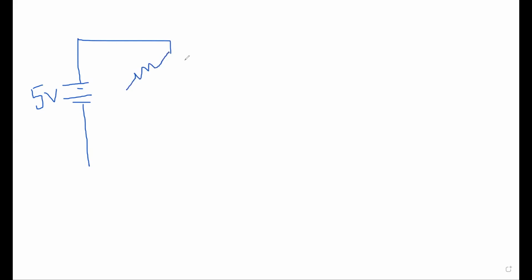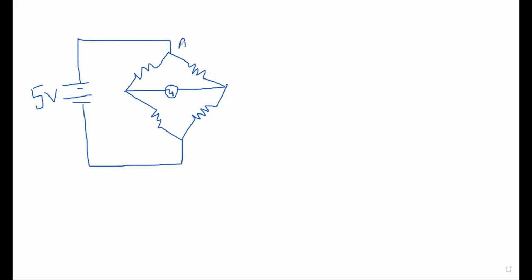Here is a resistance. In the middle you will have a galvanometer, G. The naming I'm doing, you do exactly like that.